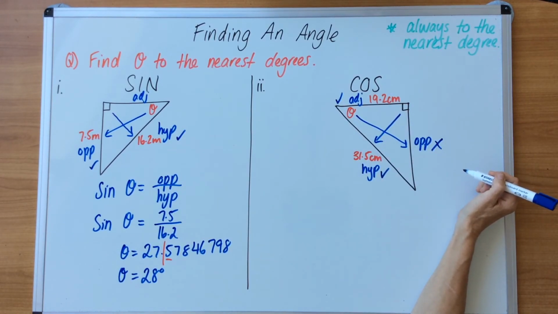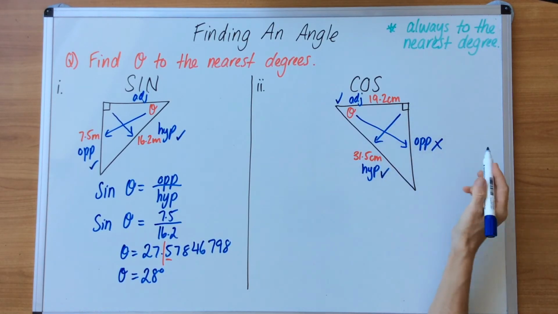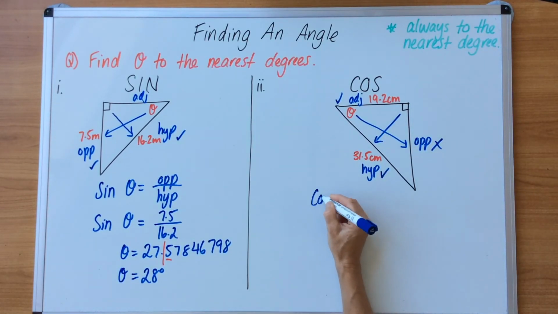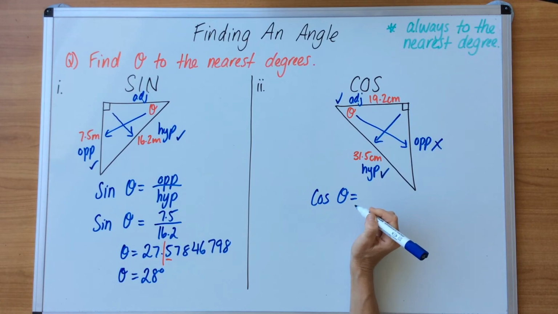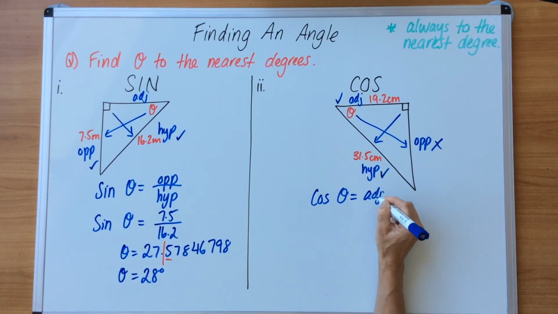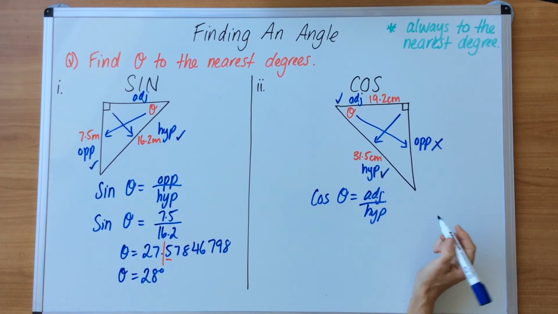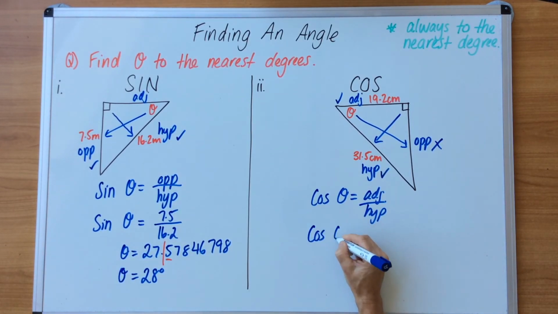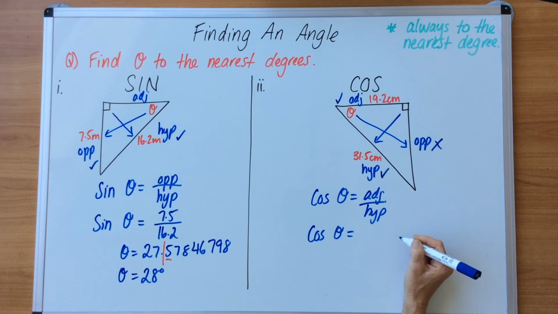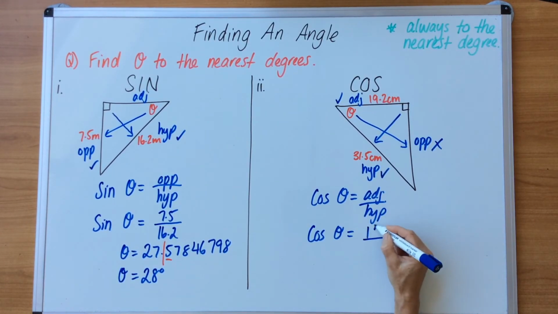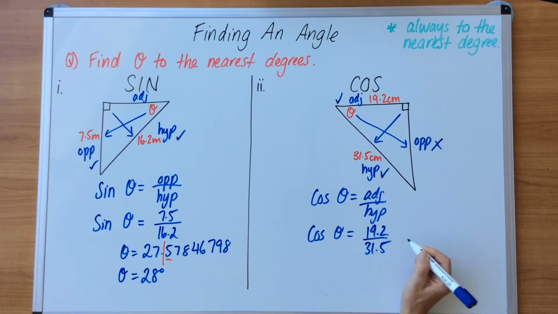So SOHCAHTOA, A and H, it's CAH, which means it's a cos. So cos theta equals adjacent over hypotenuse. So I've written the rule and now I'm going to substitute in. So cos theta equals, my adjacent is 19.2 and my hypotenuse is 31.5.